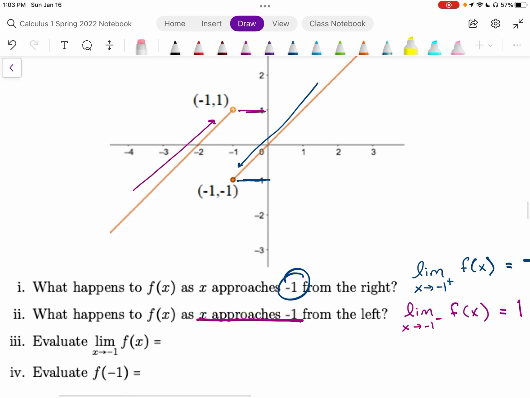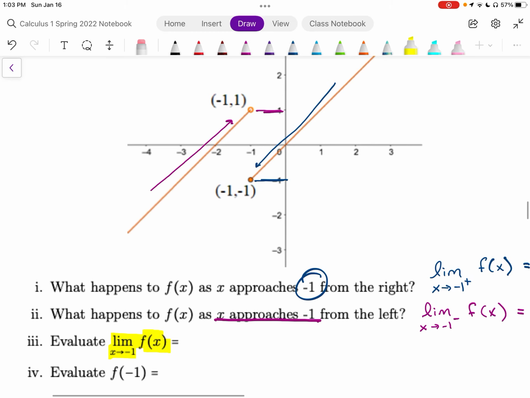So now we are supposed to evaluate the limit as x approaches -1. Well, what we're going to have to say here is that it does not exist. Okay, and I know this is the first time we've seen this, so I want to make sure it's really clear. It does not exist, because it is a jump discontinuity.